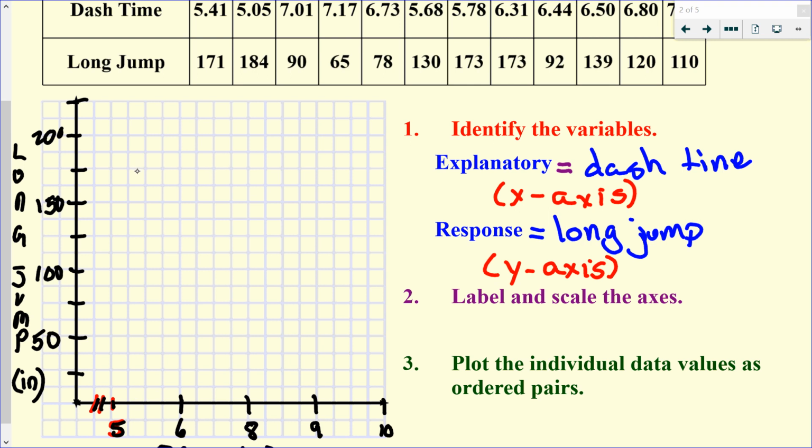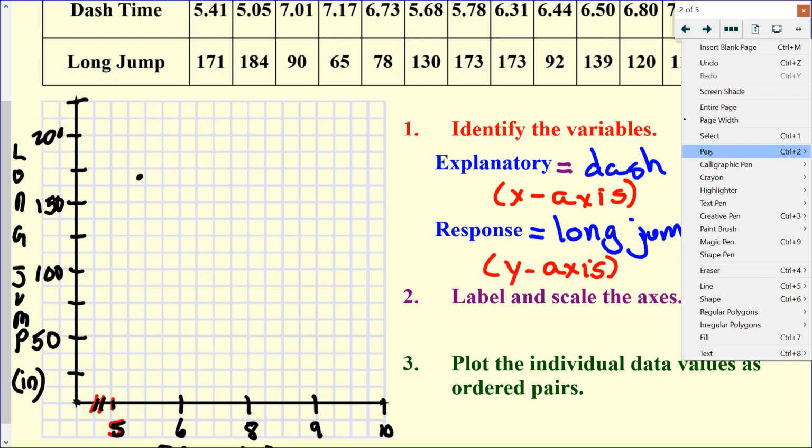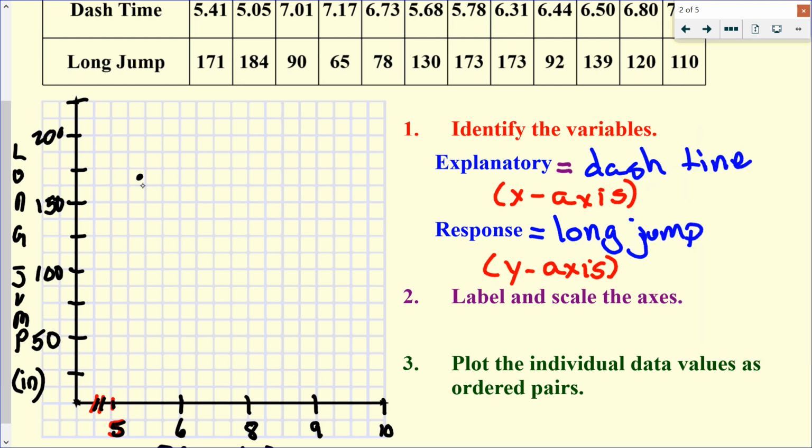There's 175, so we're probably a little bit below that. Okay, and then we've got 5 and 184. So 5.05, so 5 and 184, so that's 175, 197.